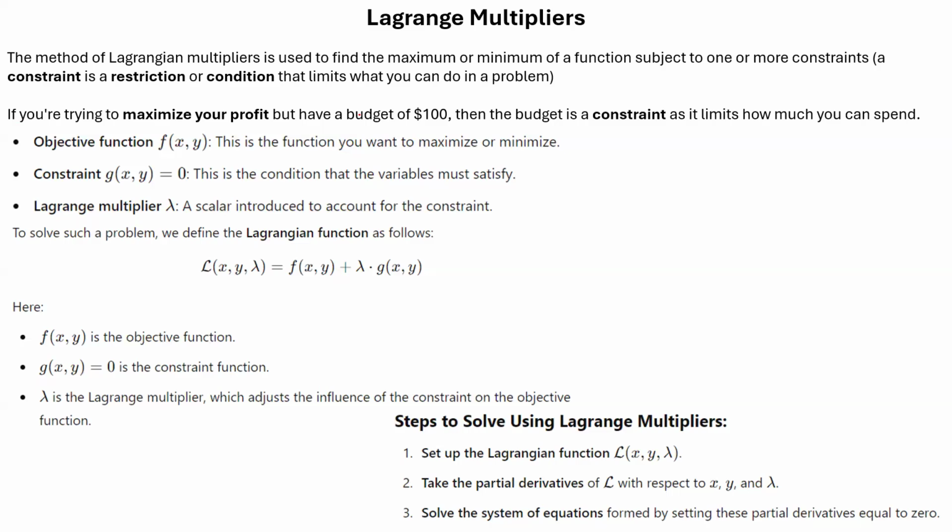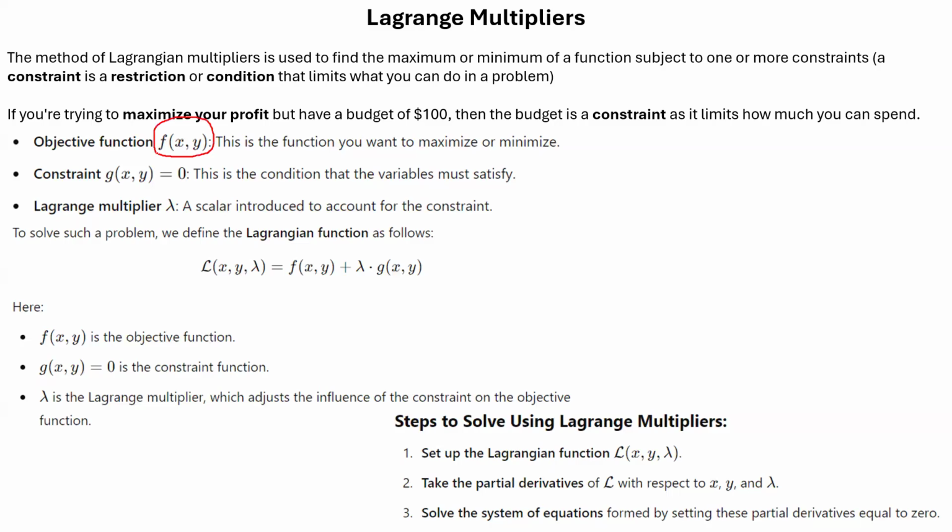So when you have such kind of constraints, how do you find out the maximum and minimum values of a function? We use Lagrangian multipliers when you have constraints. So given a function that you want to maximize or minimize is called the objective function.